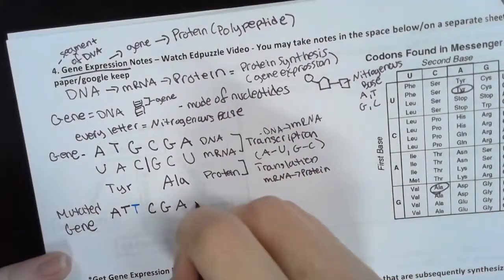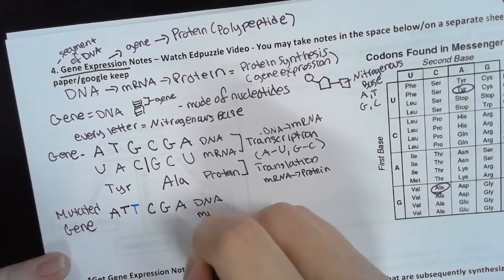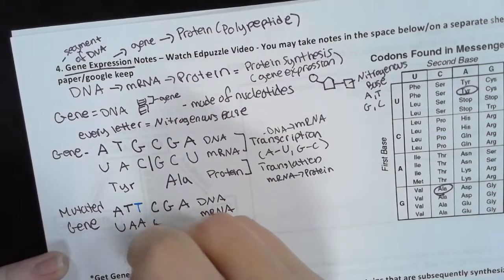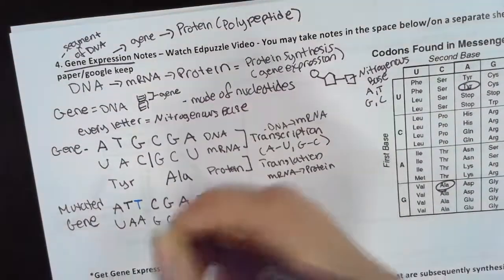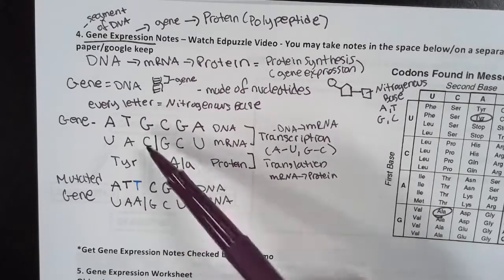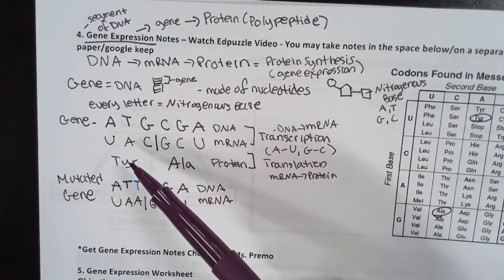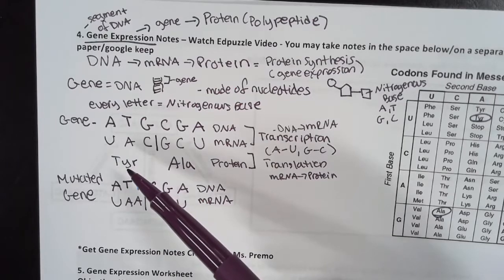GA. This is my DNA. I'm going to convert it to mRNA. Okay, still divide it into codons. So we see right away that my DNA sequence was different, now my mRNA sequence is different, and now my amino acid sequence is going to be different as well.